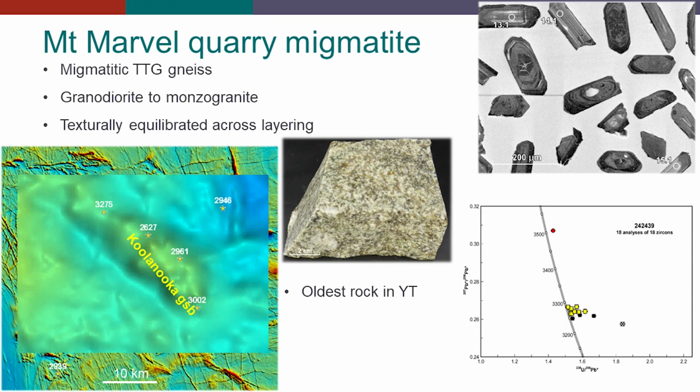It is a migmatitic gneiss, and it is an overall monzogranite composition with local granodiorite. So there it is to the northwest of the Kalanuka Greenstone Belt, which also contains some pretty old rhyolites as well. So the actual stratigraphy there is relatively old compared to the rest of the Youanmi Terrane.